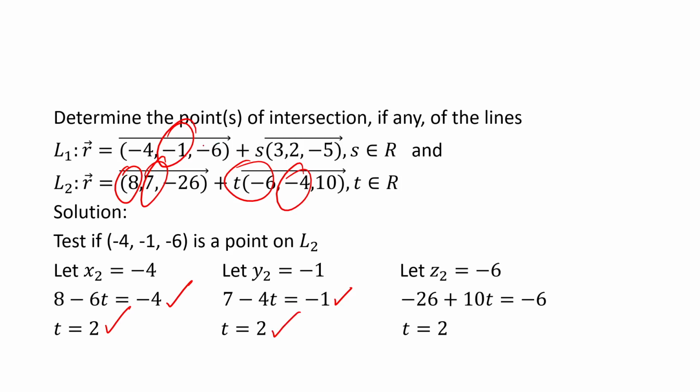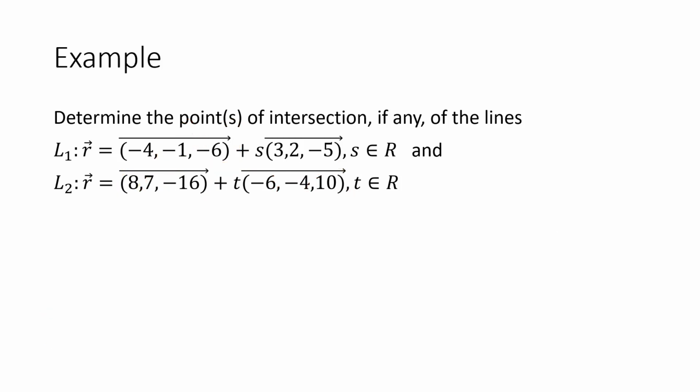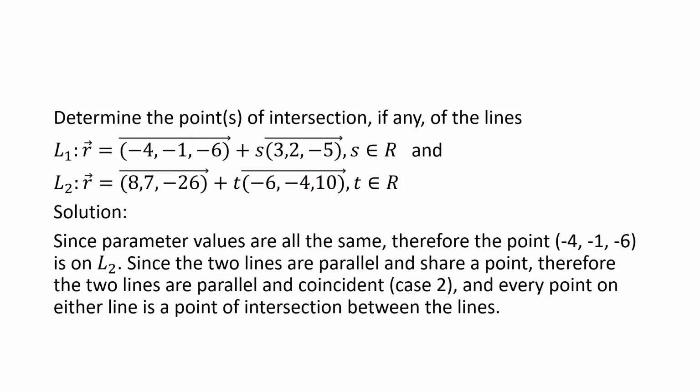And then finally, we let negative 6 equal negative 26 plus 10t, and t is 2. When we get the same value for the parameter in all three, that means that point is on the line. Therefore, the point negative 4, negative 1, negative 6 is on line 2. And since the two lines are parallel and they share a point, they are coincident, i.e. identical lines. Every point on either line is a point of intersection between the two lines.